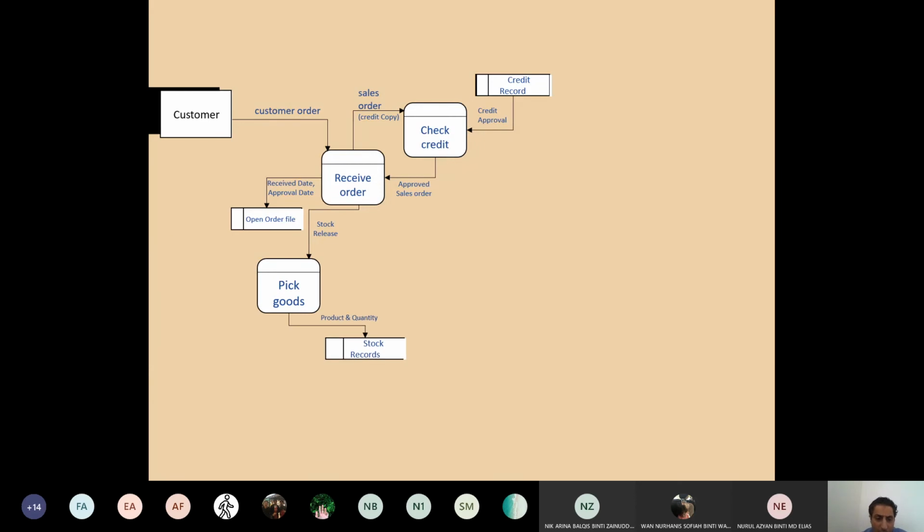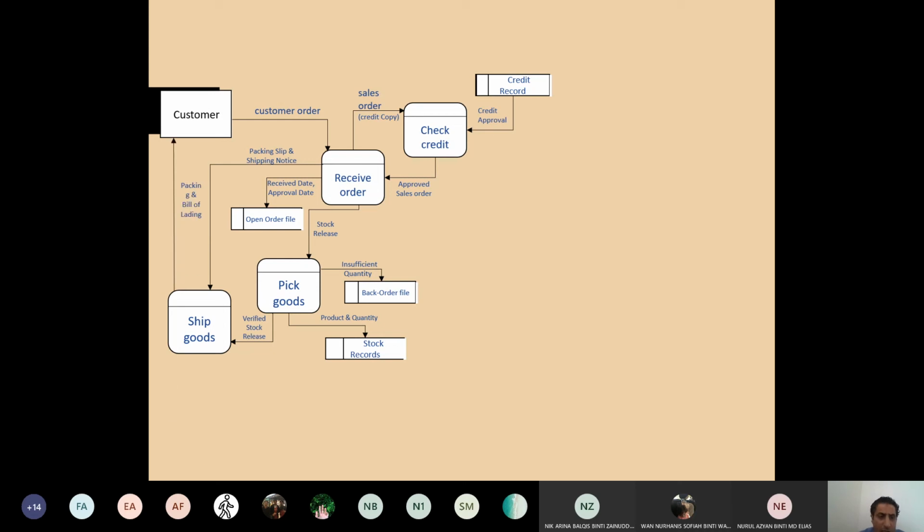So they will check the product quantity. They will check the availability of the quantity through checking the system and checking the existence of the physical goods and product. Then after they do that, they will verify the stock release by sending the shipped goods, and they will double check with the receiving orders that the goods are prepared to send.